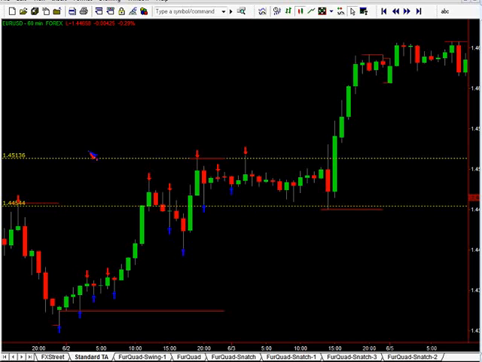Let's talk about the transition from up to down again. This is usually the sticking point. The easy part is seeing where price is trending. If it's already trending, it's very easy to see that price is making higher swing highs, higher swing lows, or lower swing highs, lower swing lows.